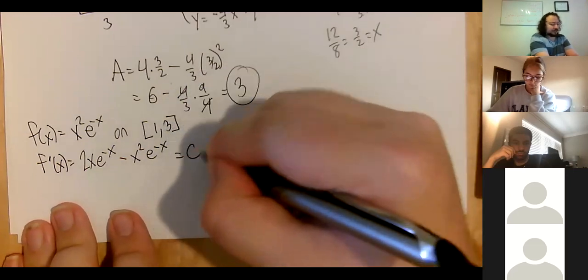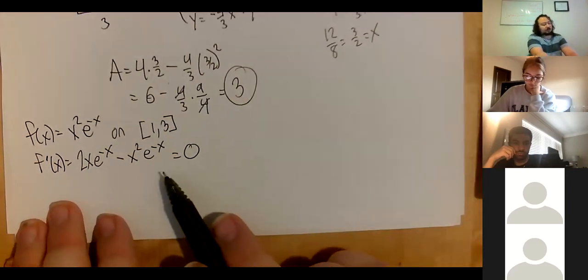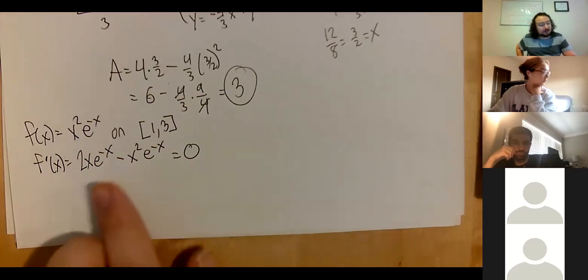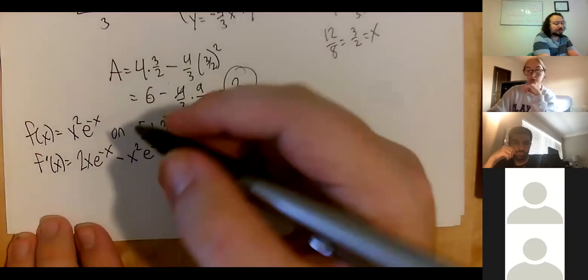All right, now I want to see where this is equal to 0. Now there are two ways that we can get a critical point. We can get them when our derivative is 0, or when it's undefined. Now, exponentials and polynomials aren't undefined anywhere, so that's not going to happen. So we're just going to see where this is 0.